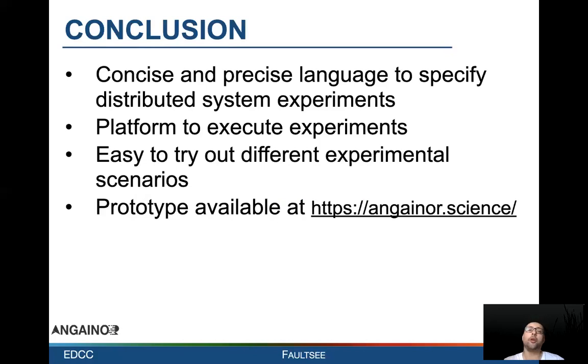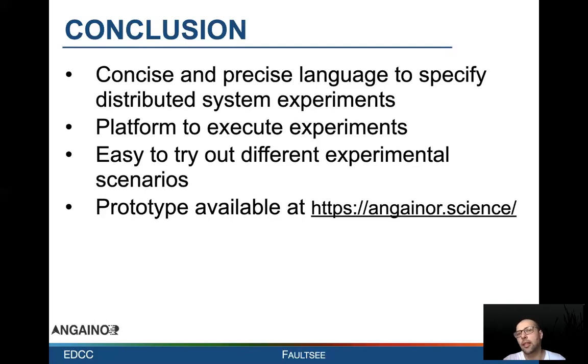So in this paper, we advocate for the need to have a very precise and concise language to describe distributed systems experiments. And this includes describing the system, the workload, the environment, and the faults that are injected. All of these together are very important for us to achieve better reproducibility of experiments.